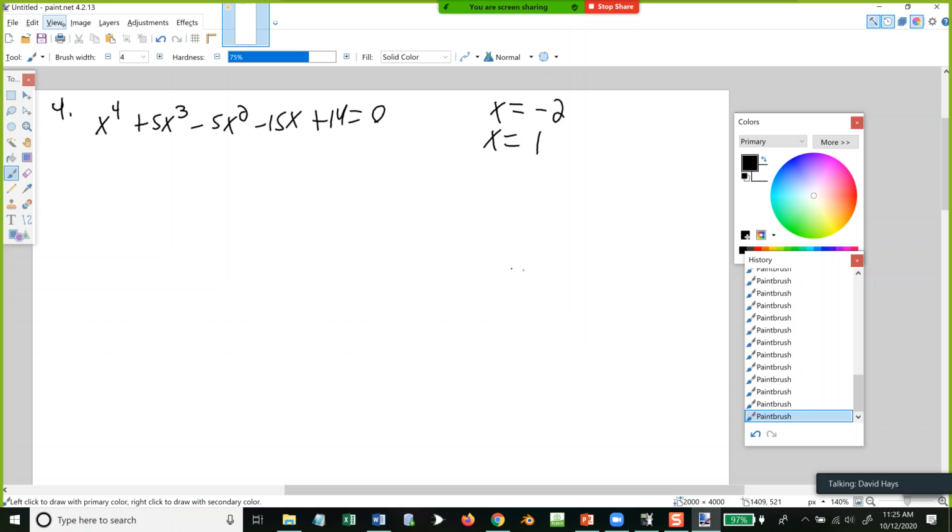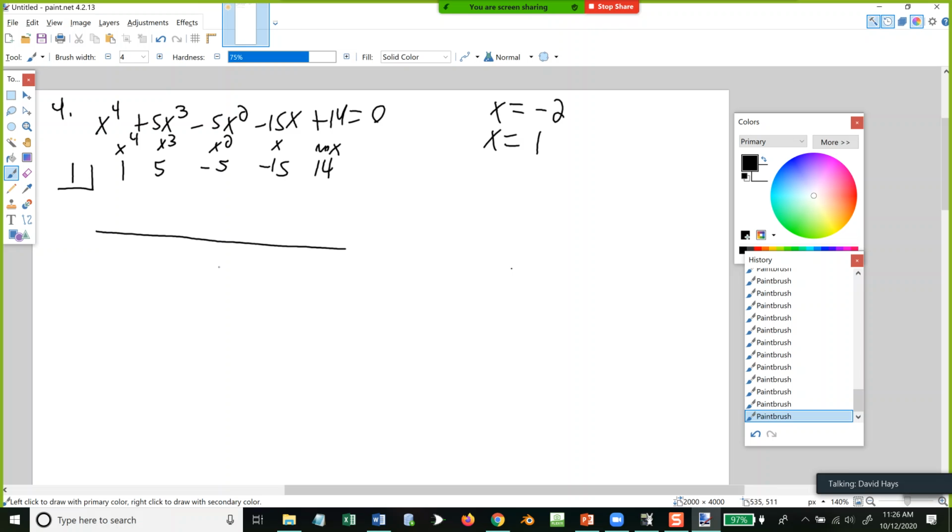So let's plug those into synthetic division. It does not matter which one you start with. I'll start with 1. So 1, 5, -5, -15, 14. That's my x to the fourth, my x to the third, my x squared, x, no x.